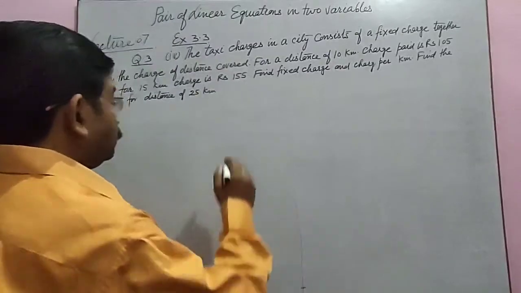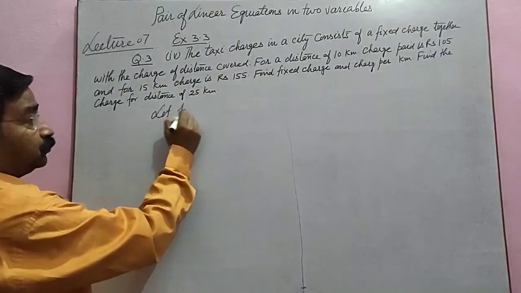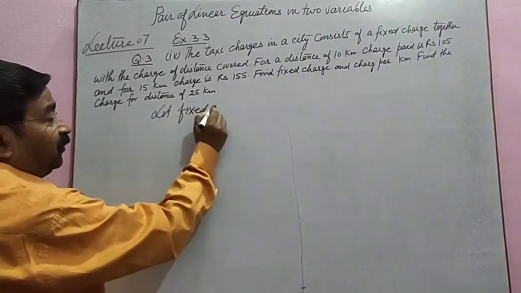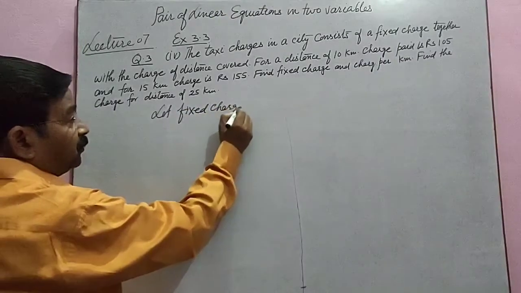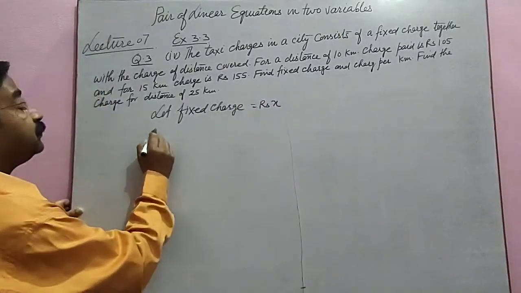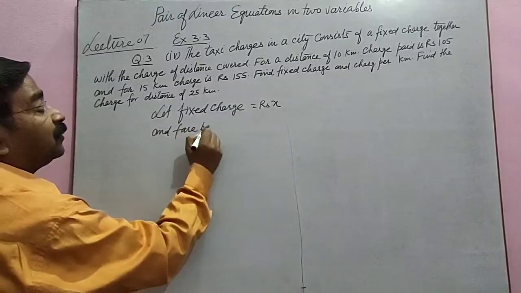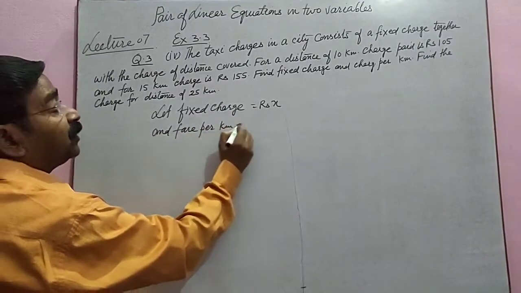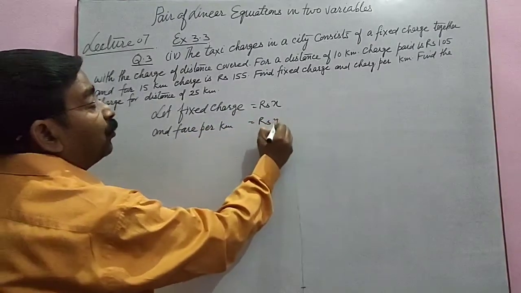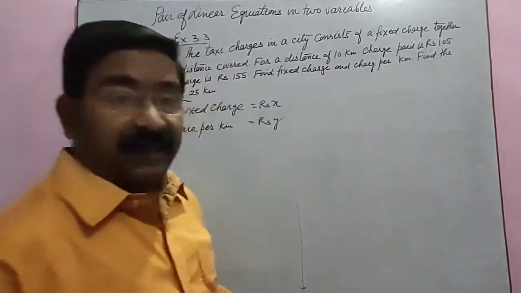See how to solve. Let the fixed charge be rupees X and the fare per kilometer rupees Y. Now let's see.